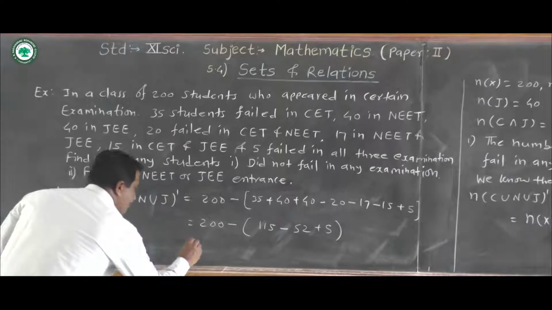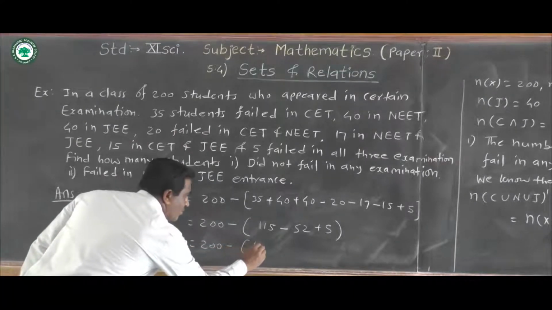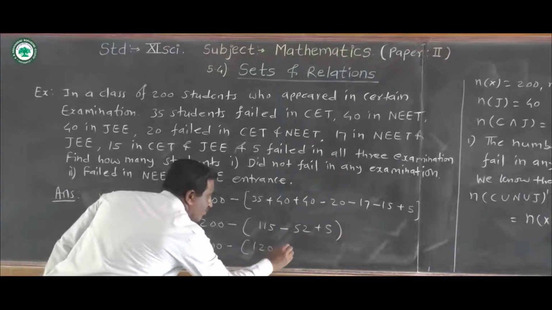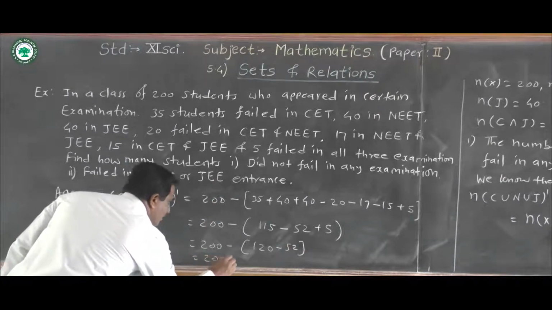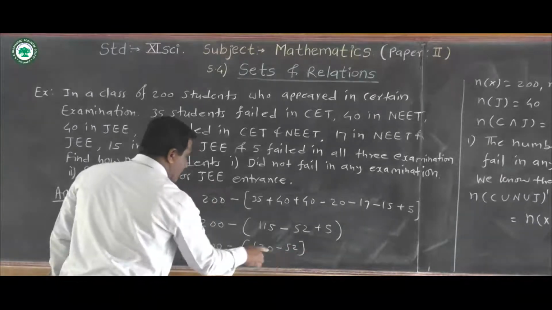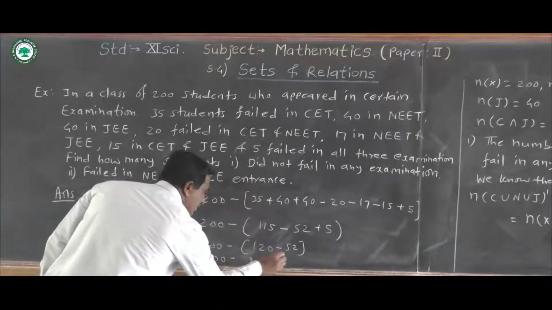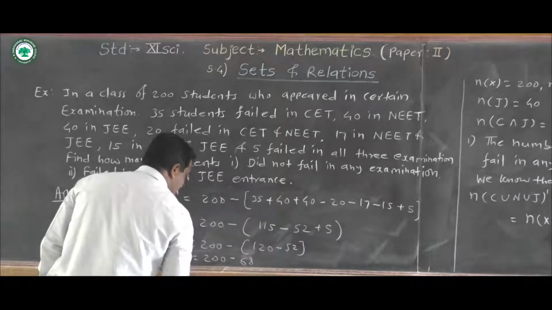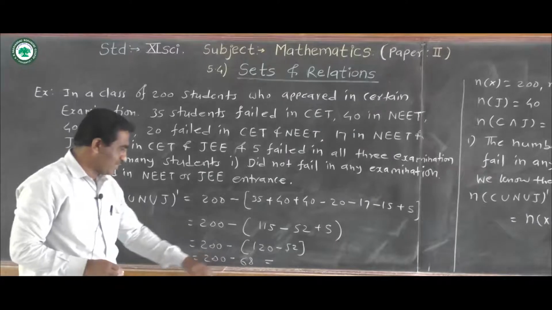That is 200 minus, 115 plus 5 minus 52, which is 200 minus 68.